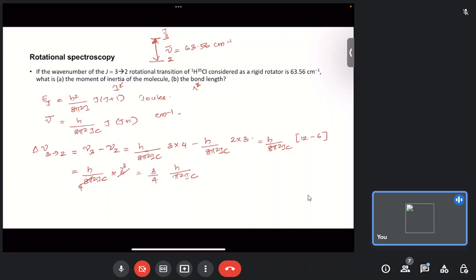Now we don't know what is I, so the first objective is to find what is I. We have been given delta nu 3 to 2. So I is equal to 3 by 4 h by pi square c delta nu 3 to 2.